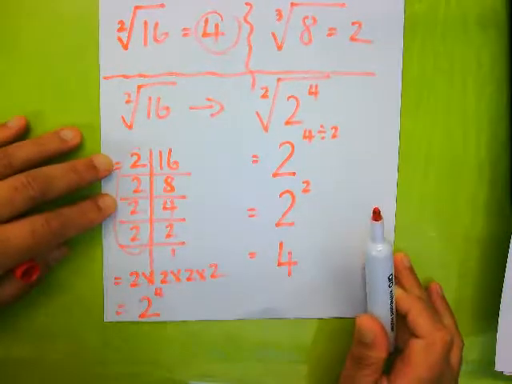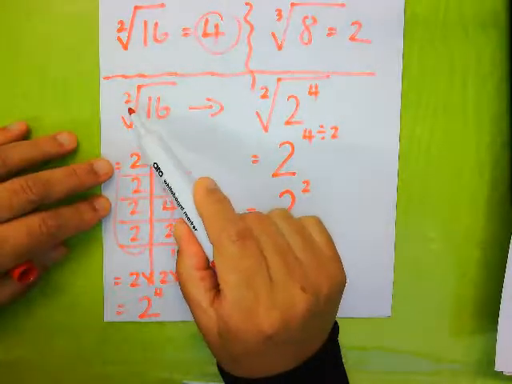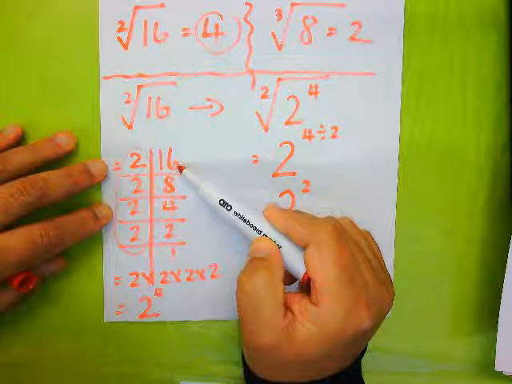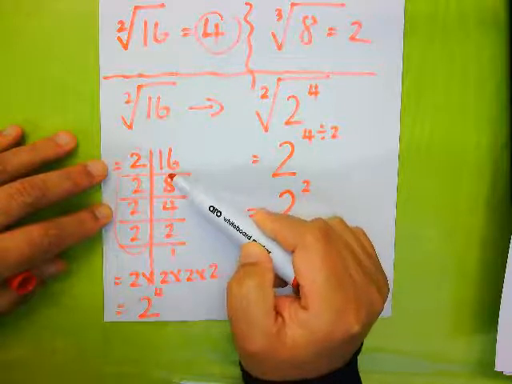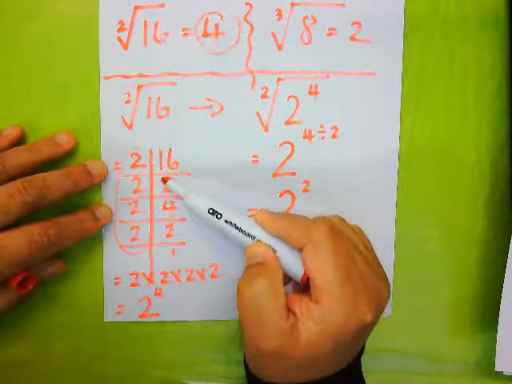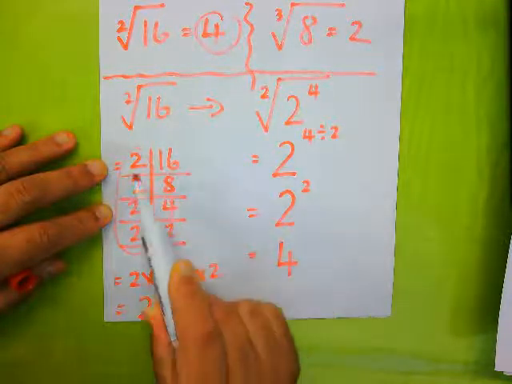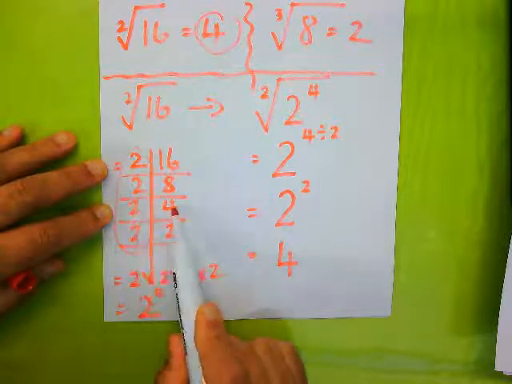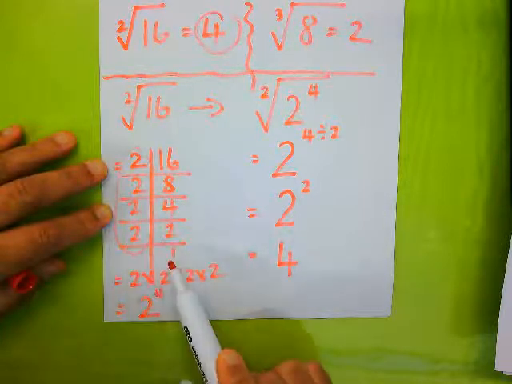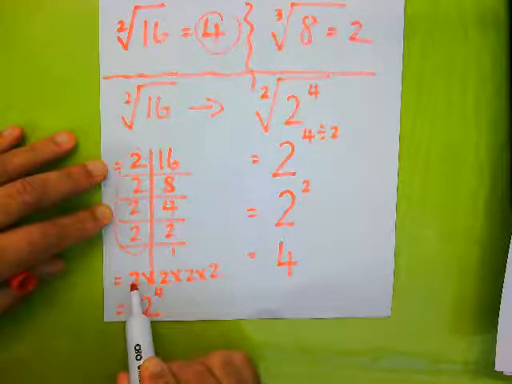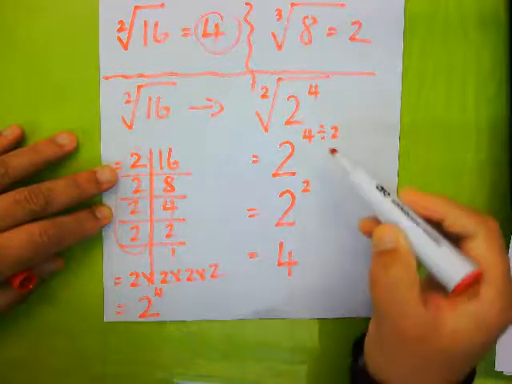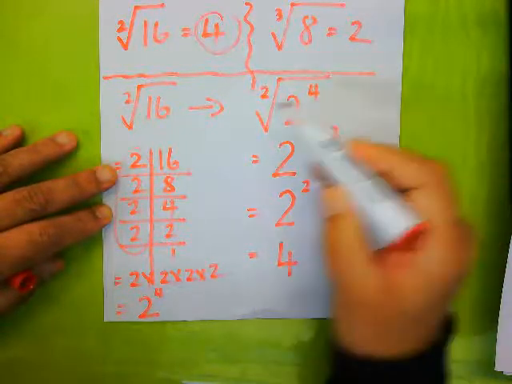Just to recap, when you must calculate the square root of a number, you take that number and you factorize by using prime numbers only, and we use the ladder method. So 2 goes into 16 8 times, 2 goes into 8 4 times, 2 goes into 4 twice, 2 goes into 2 once. That will be 4 2's that I'm multiplying, and I write it in the exponential form. That I take and I put it in my root in place of the 16.